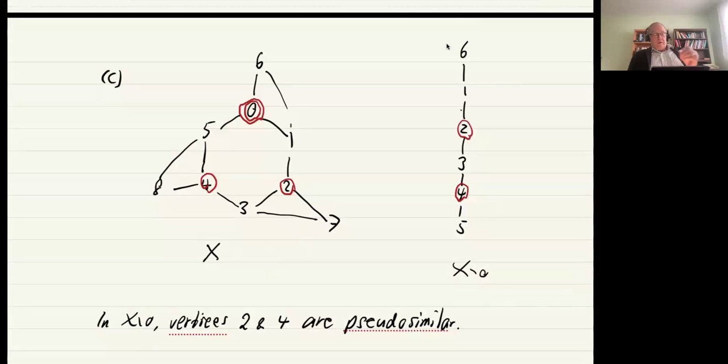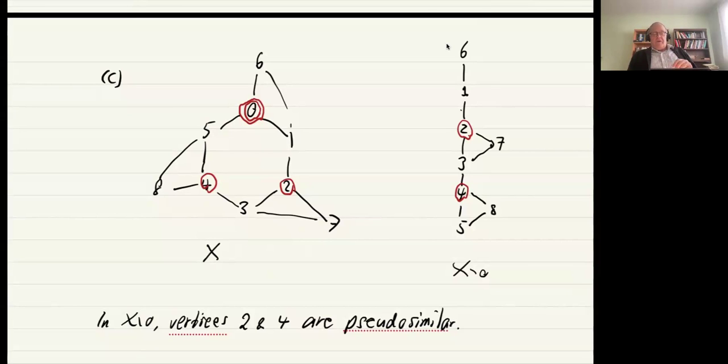That's a 7, 3, and that's 1, 5, 6. Now we just constructed this new graph by deleting a vertex from that graph.